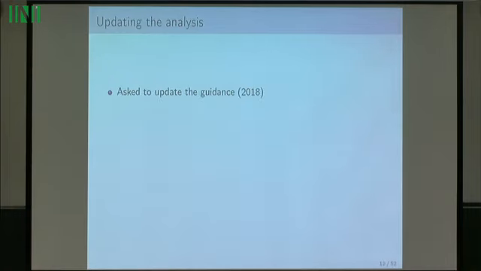Now that was back in 2006, and they kept monitoring and doing these prevalence studies since then, and we've now been asked to look again at the guidance. So we've got some new data on epidemiology. There was a new appendix study recently.